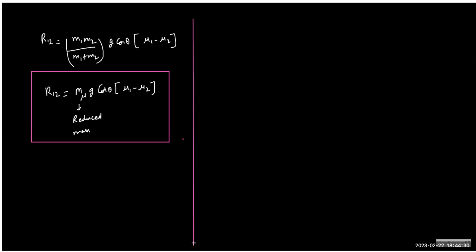The third case and fourth case are easy. So case 3: what if mu1 is less than tan theta and mu2 is more than tan theta? Does it make any sense? So the lower block will go down, correct? And the upper will be at rest only, isn't it?